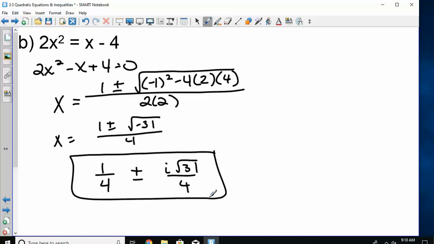Do I need to do another quadratic formula? Yes. Let's do one more just for fun.